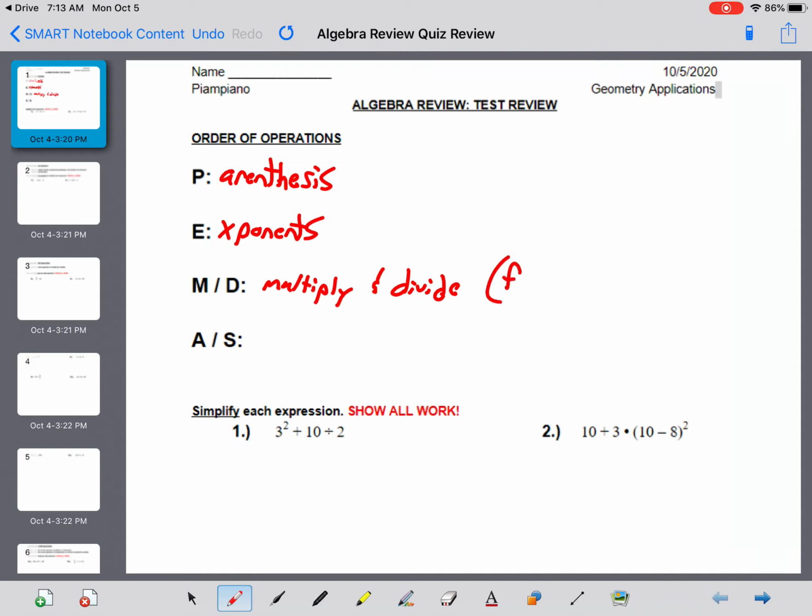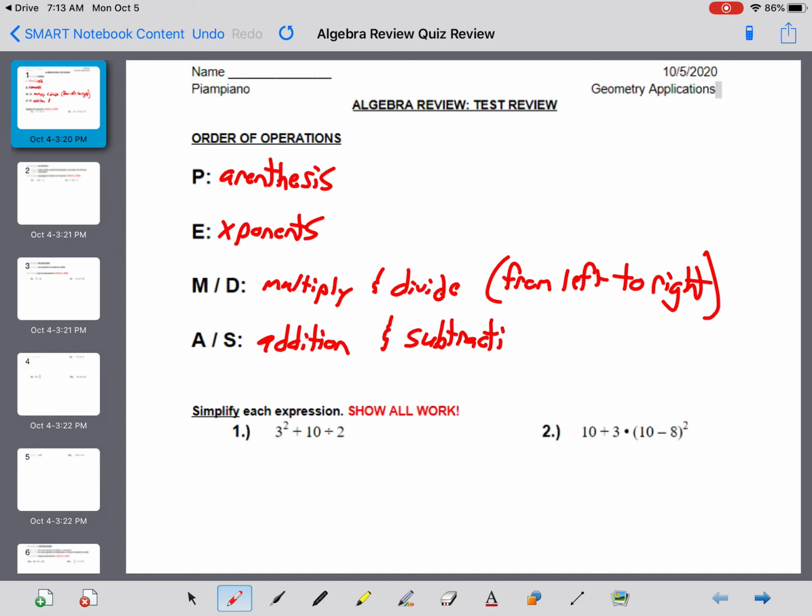And remember, this is from left to right, meaning that if division shows up on the left and multiplication's on the right, you would do division first. Okay, same thing for addition and subtraction. And that's again from left to right.